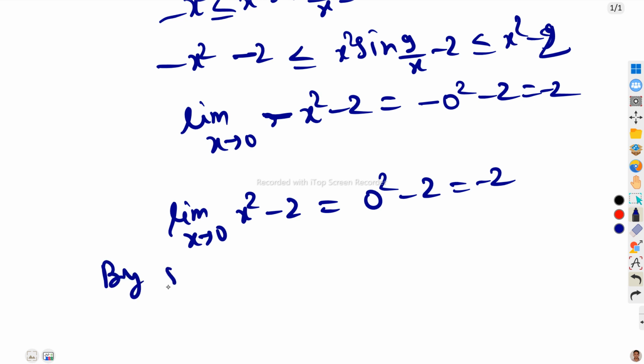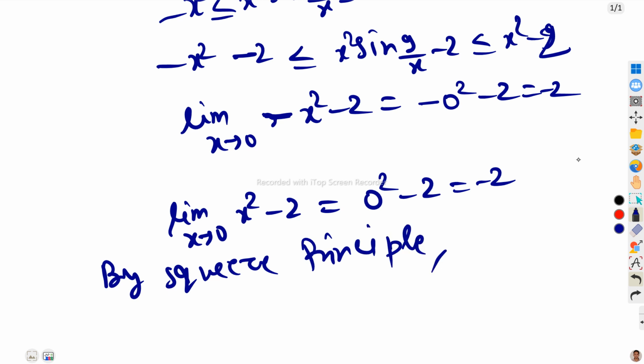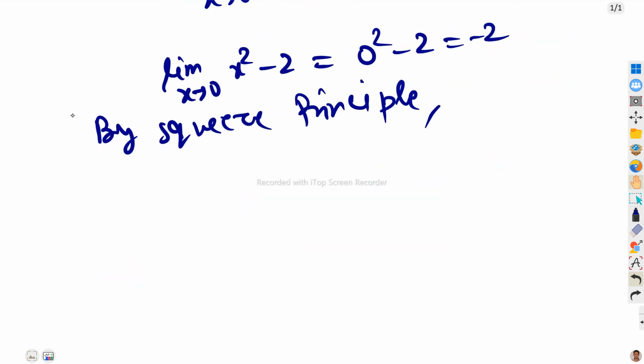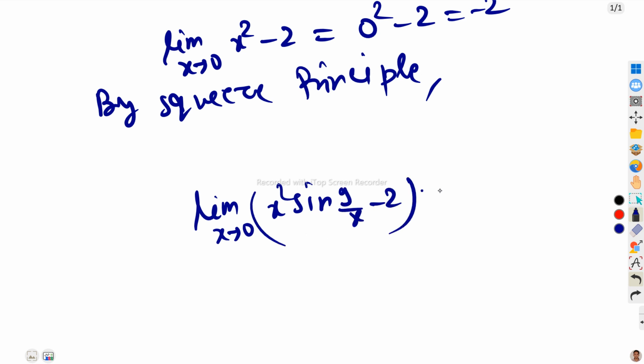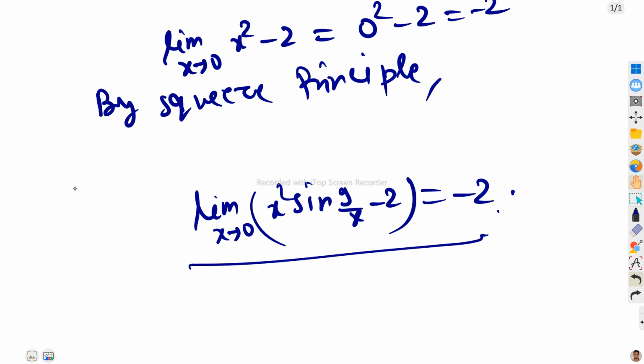By the squeeze principle, the limit as x tends to 0 of x square sine 9 upon x minus 2 equals minus 2.